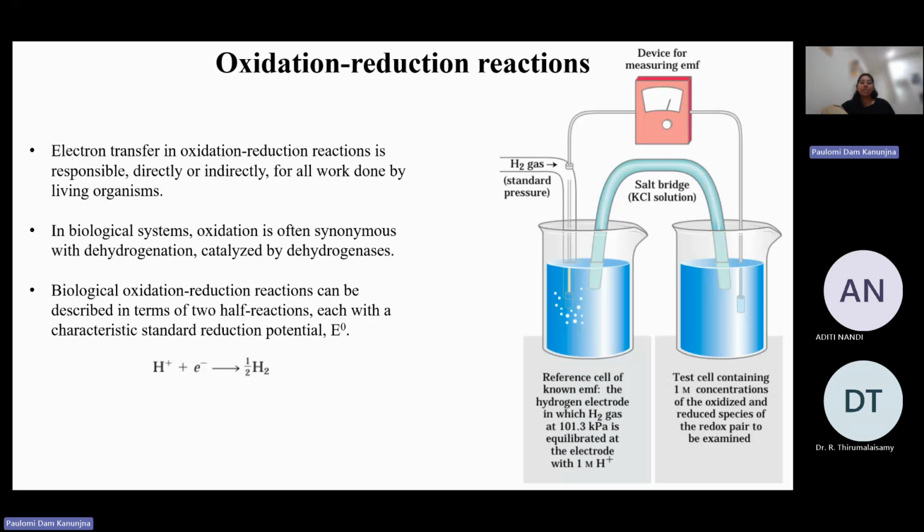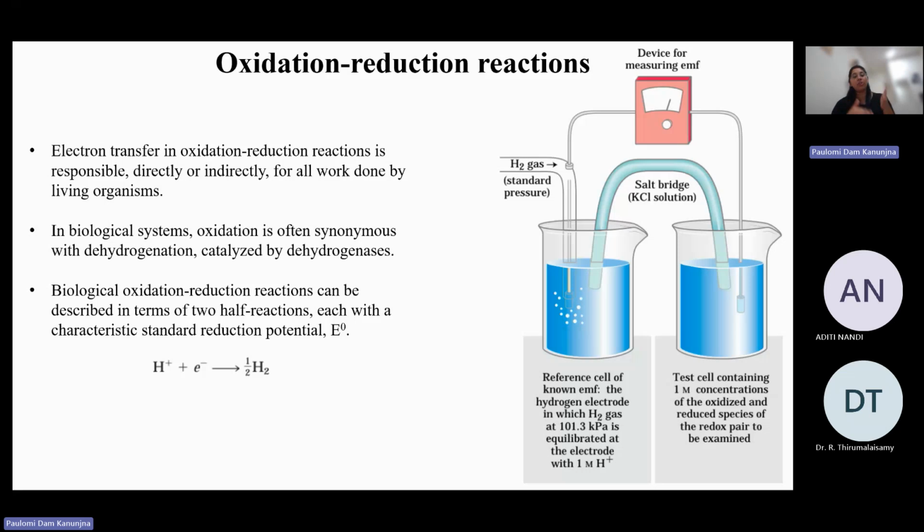Now, biological oxidation reduction reactions can be described in terms of two half reactions, each with a characteristic standard reduction potential. Because here we are talking about electron transfer, about compounds getting reduced, the potential, how much this compound will get reduced, is calculated as standard reduction potential.